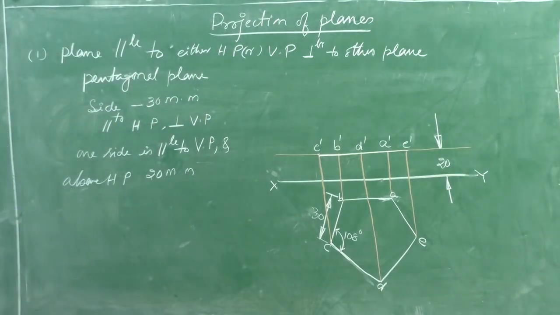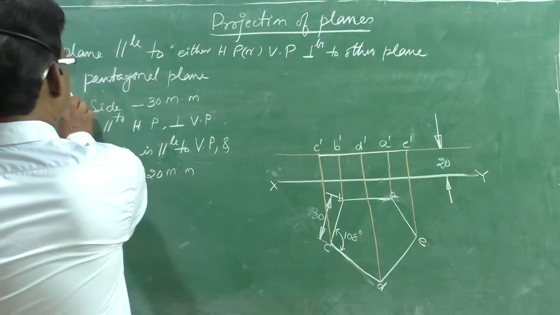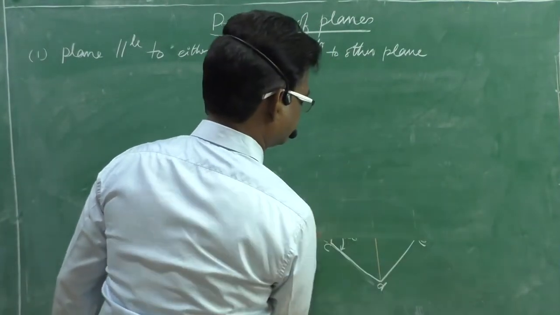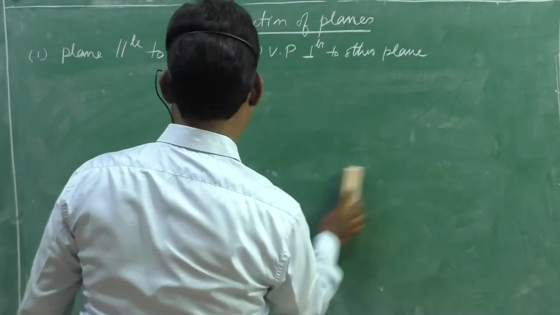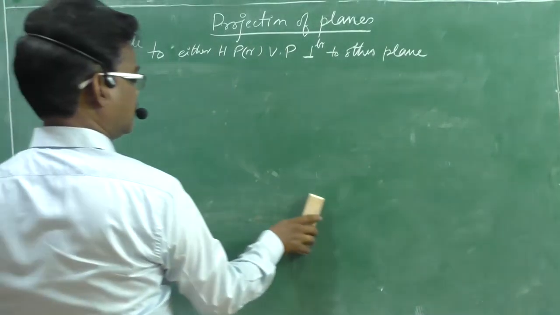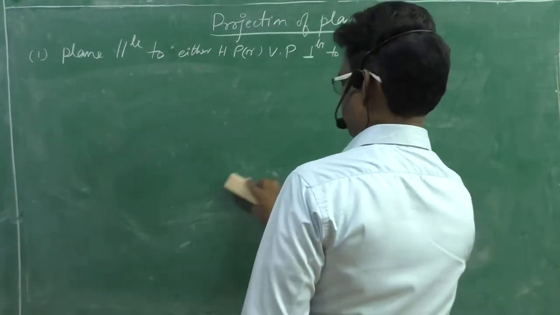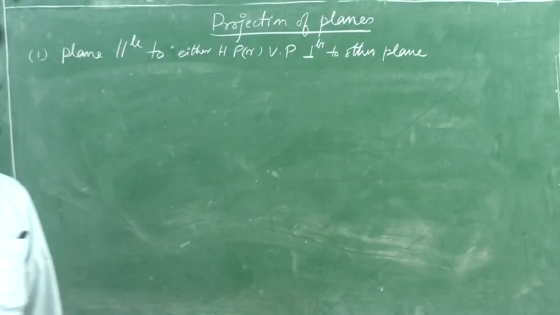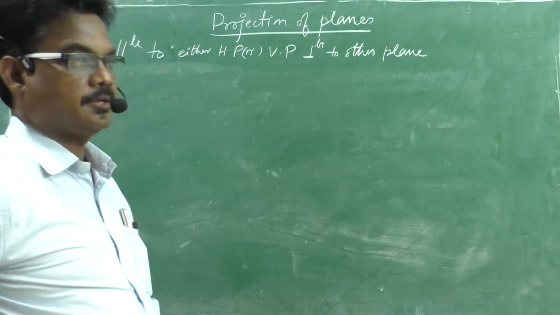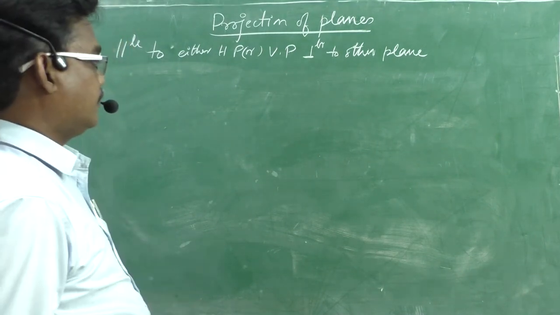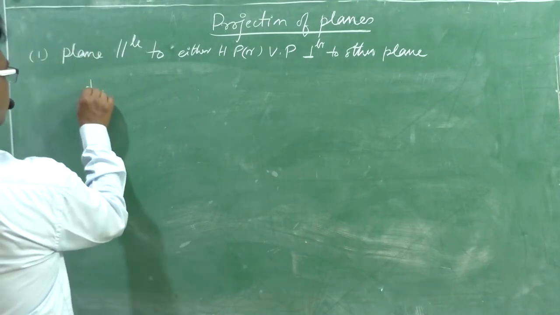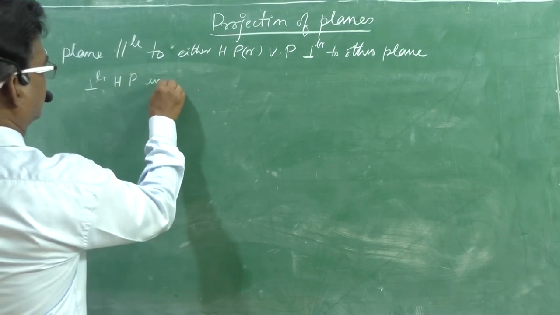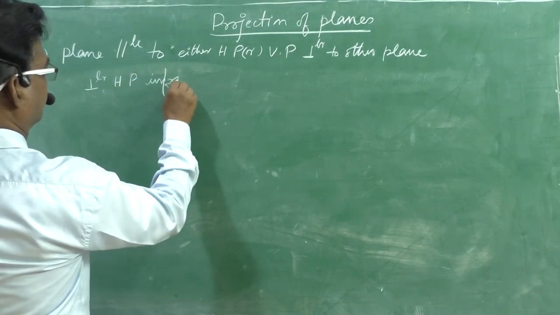A hexagonal plane, note down, a hexagonal plane of side 25 mm, perpendicular to HP, in front of VP, 30 mm.